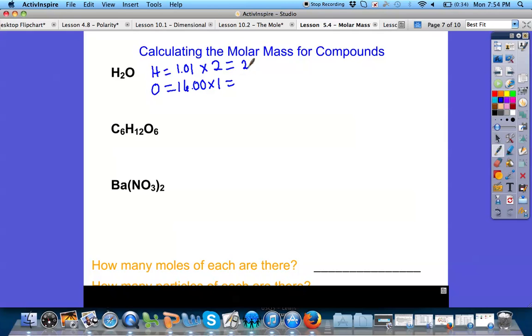So this is going to give us 2.02. And this is going to give us 16 for a molar mass of 18.02 grams per mole.